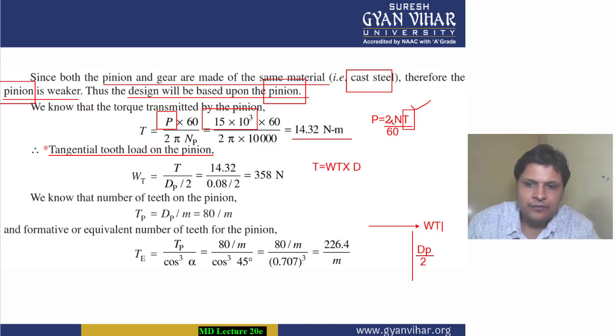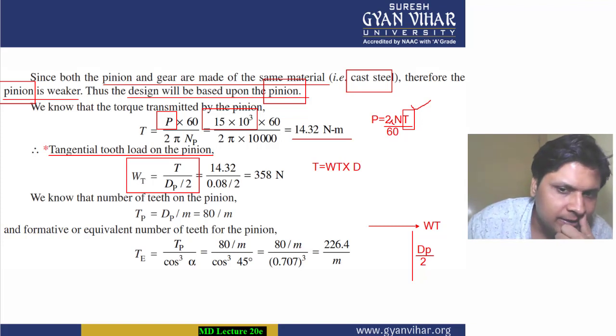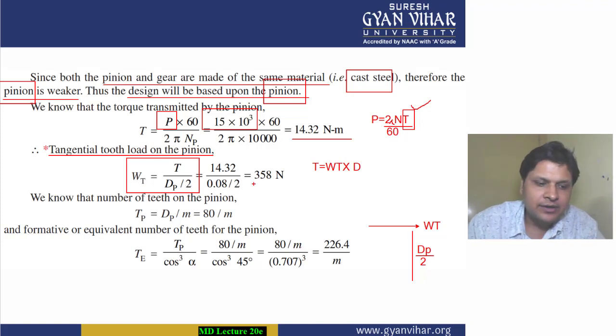If we multiply Wt with the distance dP by 2, we get the value of torque acting. So Wt is equal to T upon dP by 2. Finally the tangential load is equal to 358 Newton.